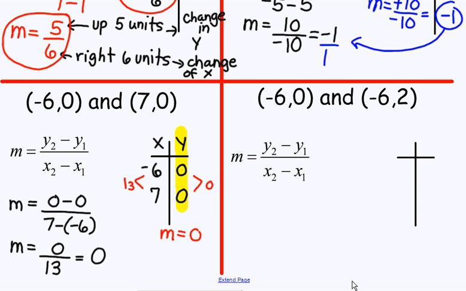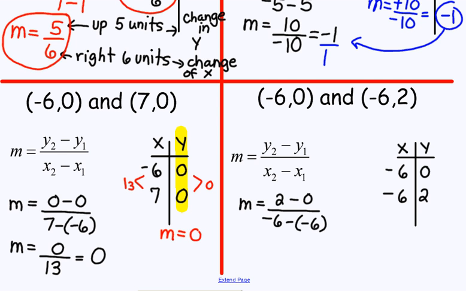Now let's take a look at this one, where instead of y staying the same, x is going to stay the same. If I fill in my formula, 2 minus 0 over negative 6 minus a negative 6, well now we have 2 minus 0 is 2, but negative 6 minus a negative 6 is like negative 6 plus 6.